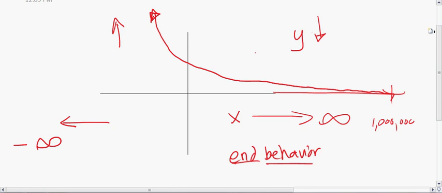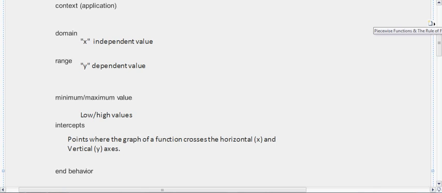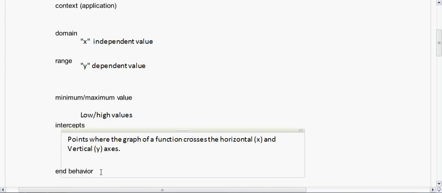And in our other video, I will spend a bit more time explaining the notation of that. But for right now, we'll just think of end behavior as what happens to the range of a function as the domain gets really, really big or really, really small.